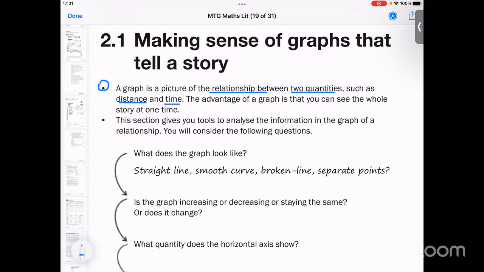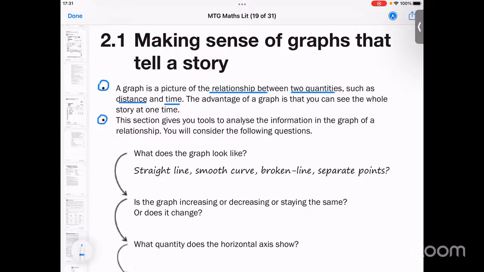So the advantage of a graph, the honorable member, is that you can see the whole story at one time. That is the advantage of a graph. You are able to see the whole story about the distance and time at one time.